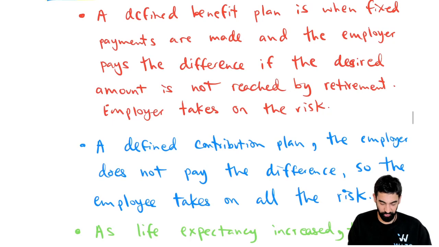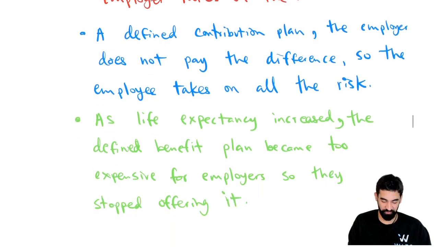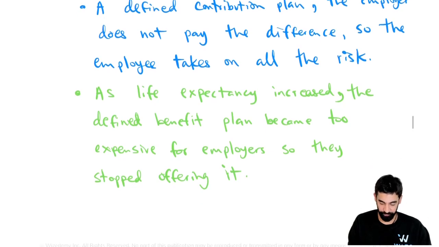Well, in the question, they told you that in this one, the difference was paid by the employer. So here, the difference must be the opposite if I had to guess. The difference is not paid by the employer. So if it's not paid by the employer, that means the employee is taking on the risk. So you could just use logic and work backwards. And then for the last part as well, if life expectancy is increasing, well, it makes sense. With defined benefit, the employer is taking the risk, so they've got to pay more. So that one you could logic too.